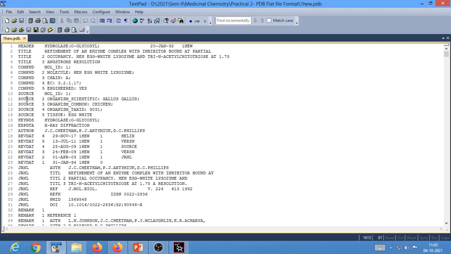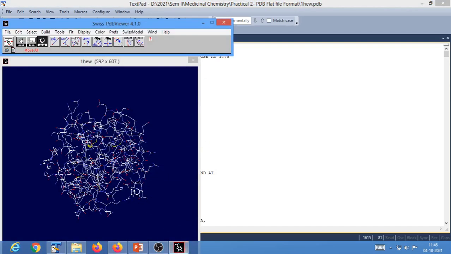In the annotation section, some information is provided for the researcher to read and to understand what that protein structure is all about. So the annotation section would provide you some background of that protein molecule, while the coordinate section will provide you the structural data that is used by these visualizers in order to generate the 3D model.